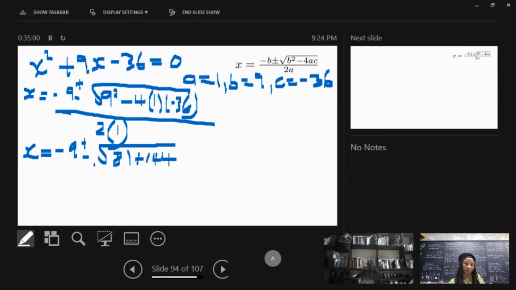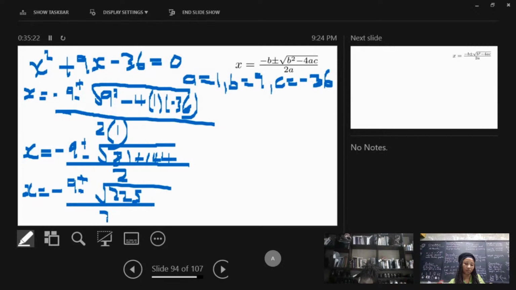And that gives 225. X is equal to negative 9 plus or minus 15 over 2.